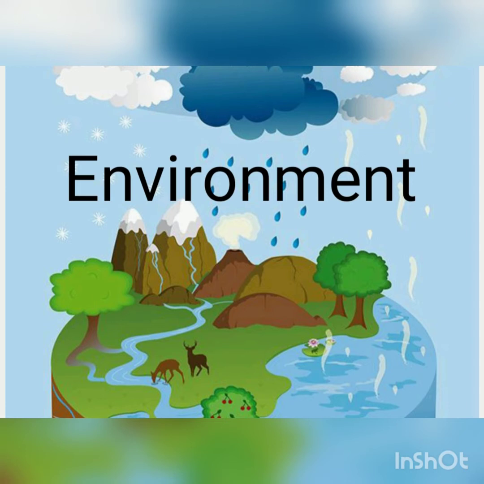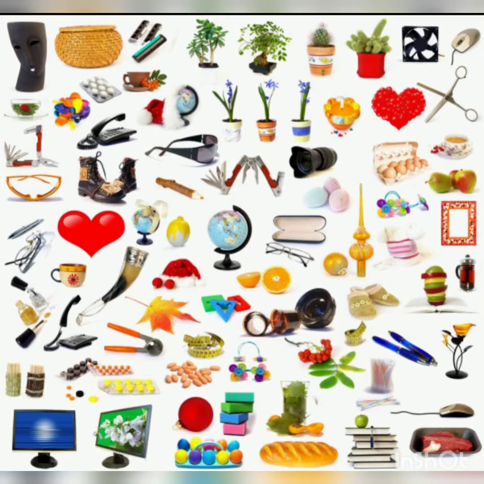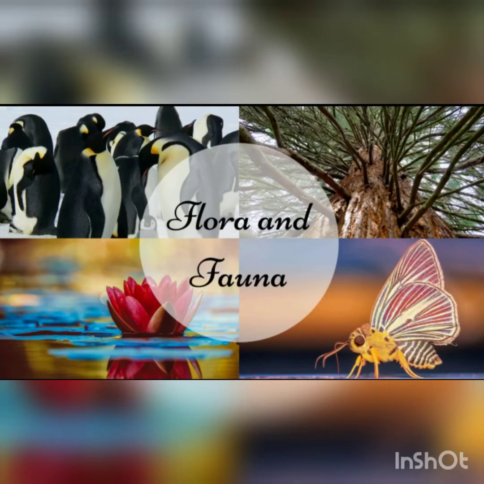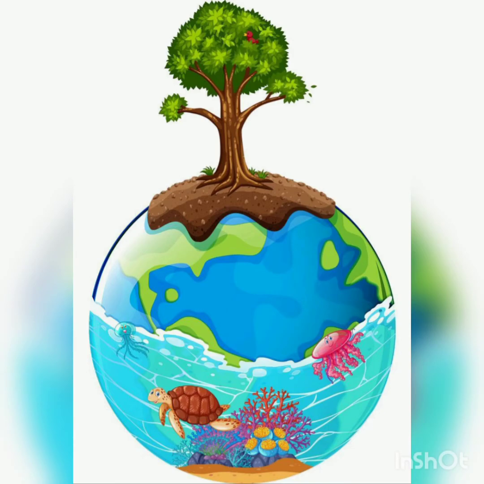It includes the people, places, objects, flora and fauna of an area. We breathe air, we drink water, we live on land, and we eat plants and animals. So if any of these elements are damaged, it will affect us adversely. So we should keep our environment healthy.